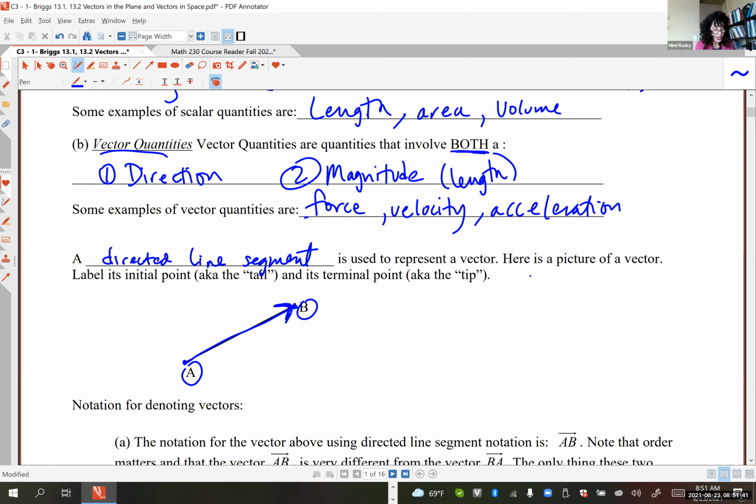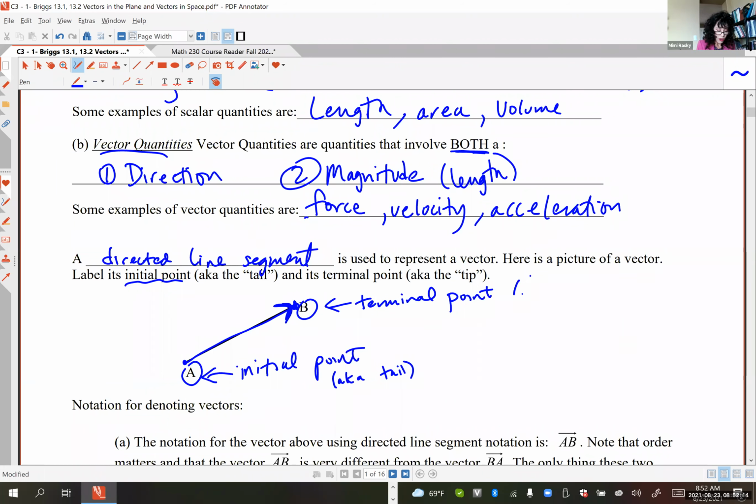Some more vocabulary. The initial point is A. That's the point that doesn't have an arrow on it. It is sometimes also known as the tail. The other point, B, is known as the terminal point. And yes, I'm going to use these phrases in the future, so know which is which, otherwise you'll get really confused.